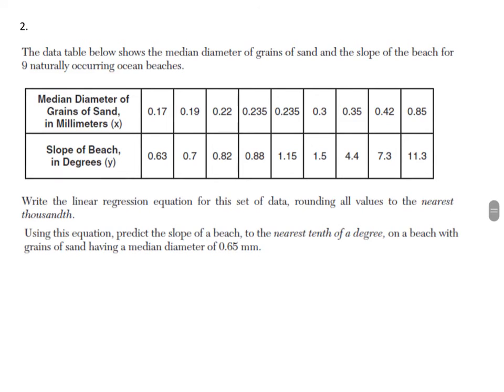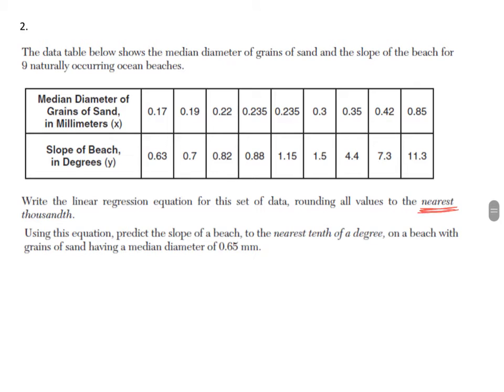Alright, the data table below shows the median diameter of grains of sand and the slope of the beach for 9 naturally occurring ocean beaches. So the median is up here, the x values, and the slope of beach in degrees is y. Write the linear regression equation for this set of data, rounding all values to the nearest thousandth.